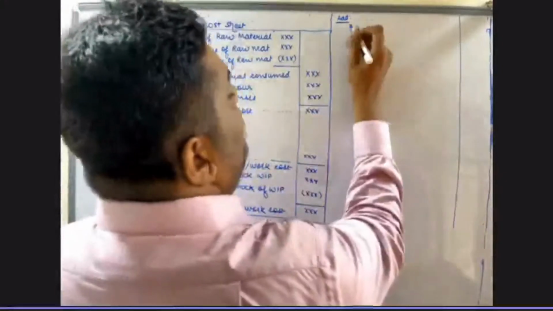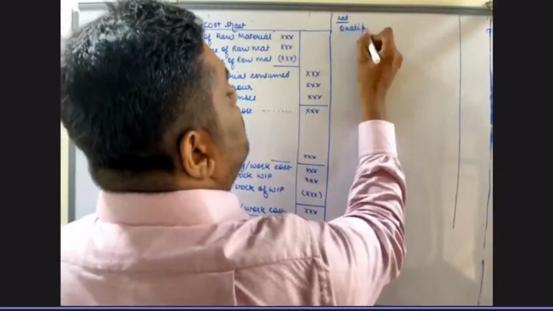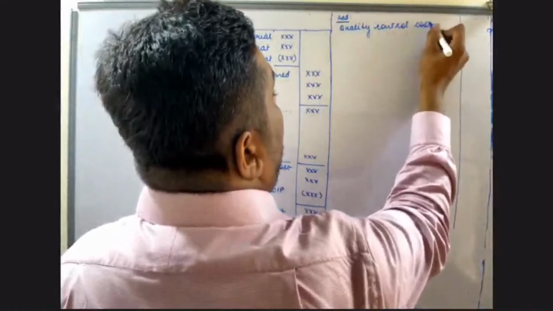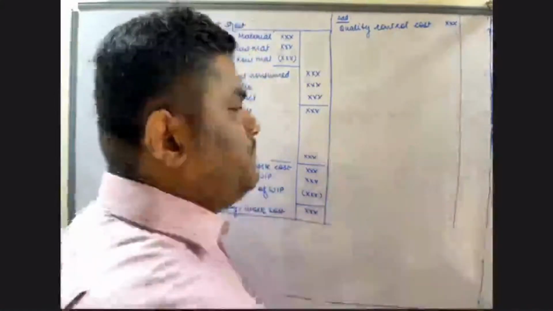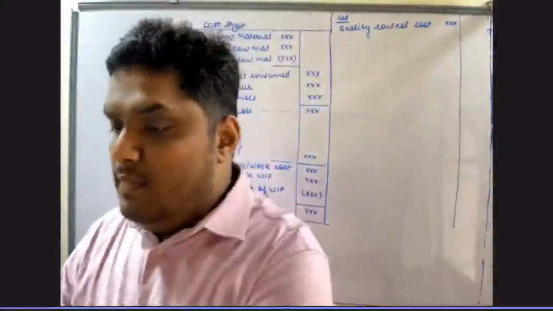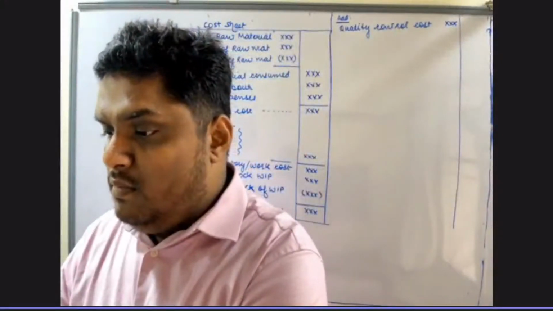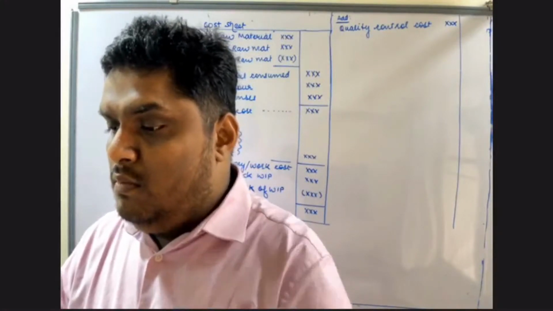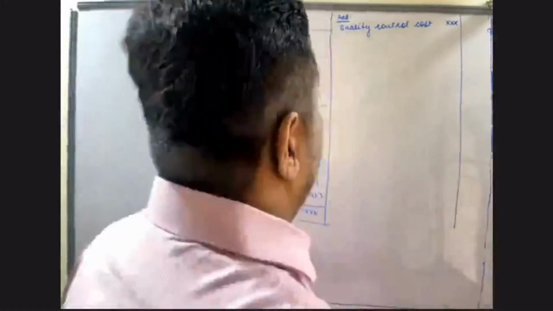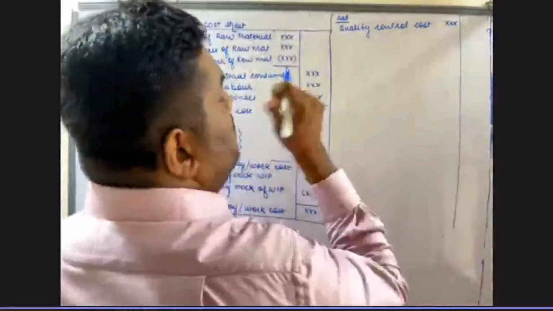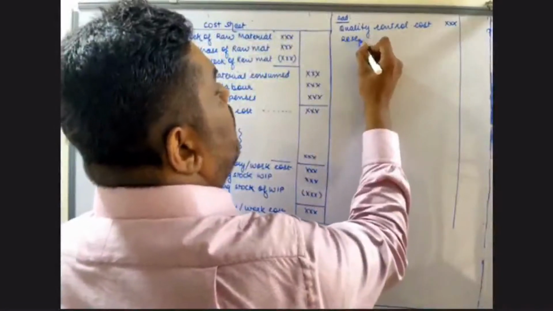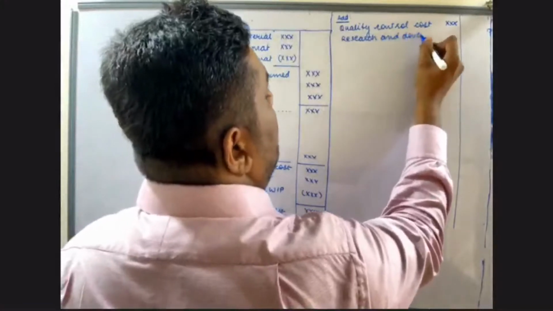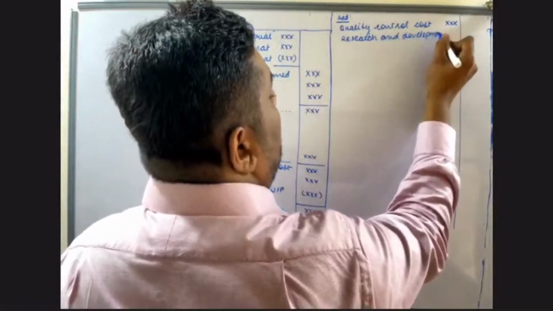The first point is quality control cost, research and development cost.